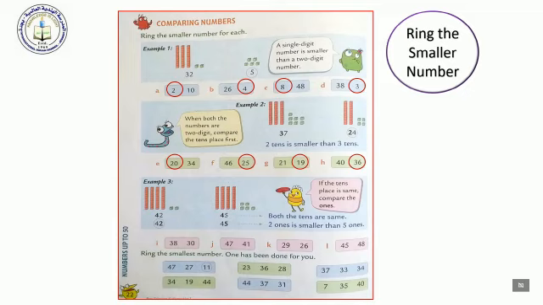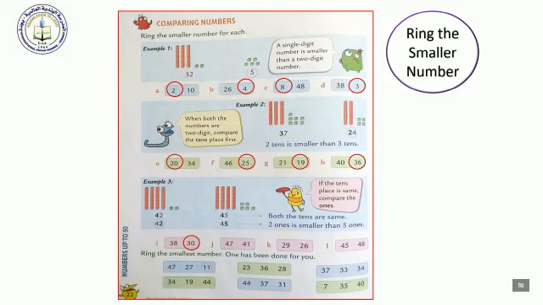Now here in the ones place we have 8 and 0. Can you tell me which is the smaller number? Yes, 0 is the smallest and 8 is the biggest. So 38 is bigger and 30 is the smaller number. So we are going to circle number 30.